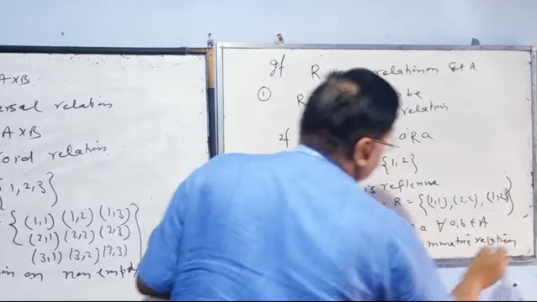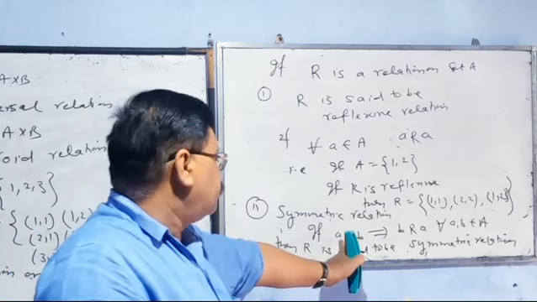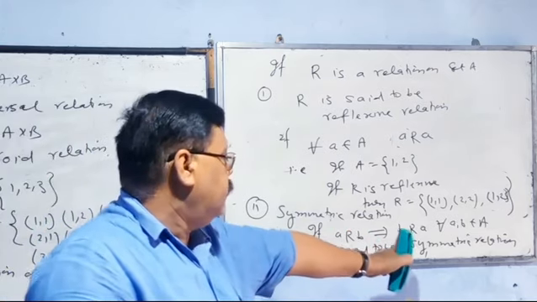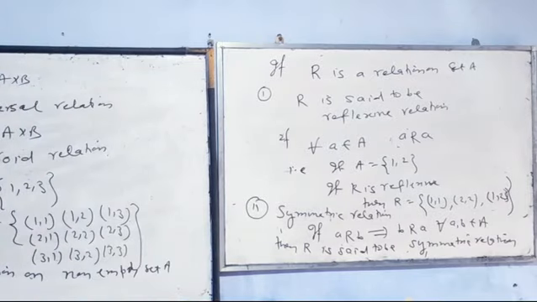If this condition is satisfied, if a is related to b, then it must be related to a, then R is said to be a symmetric relation.